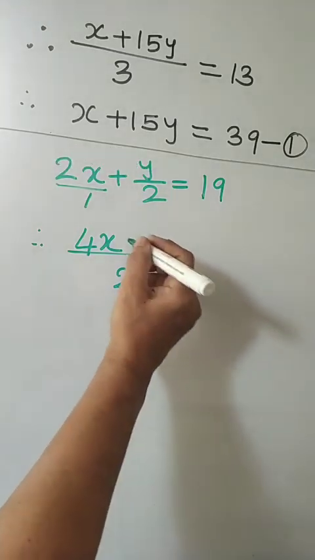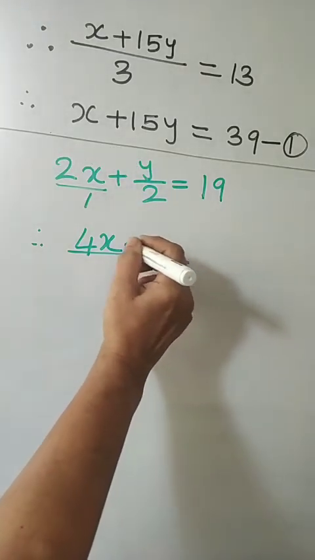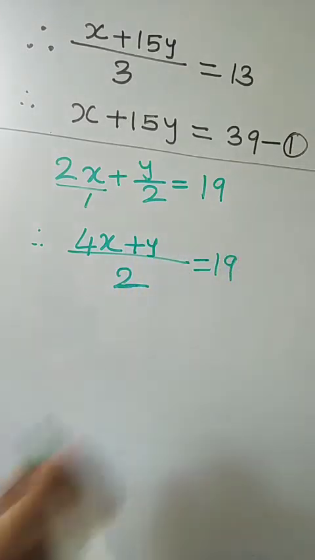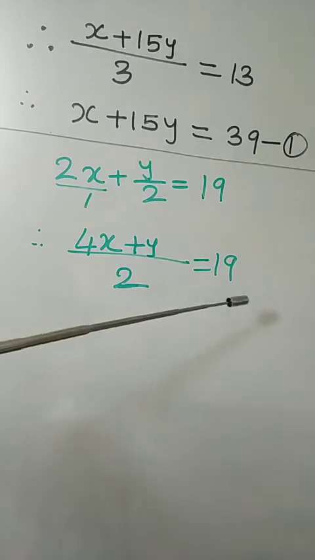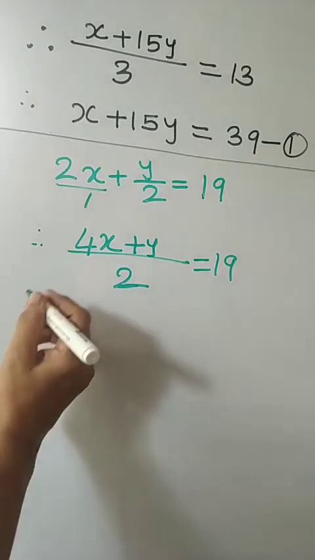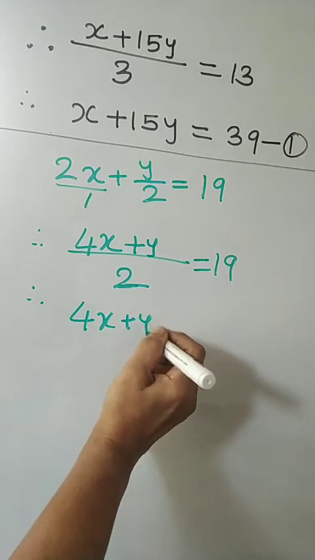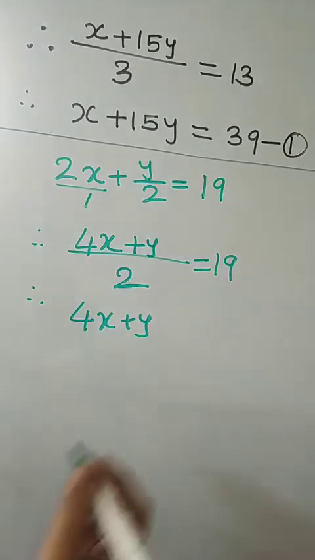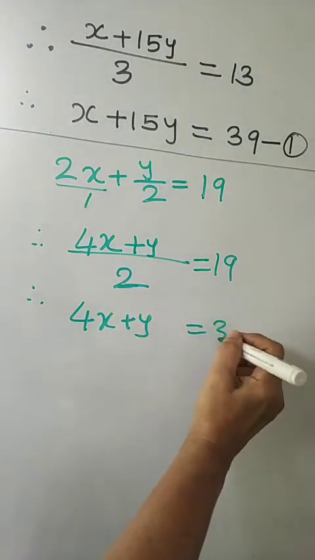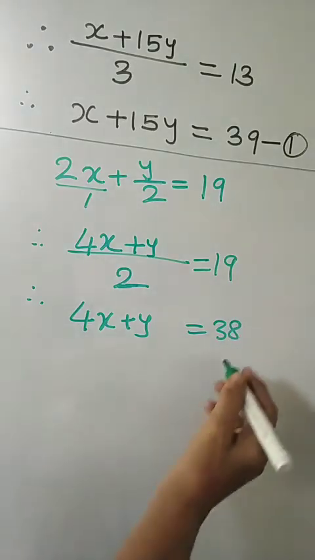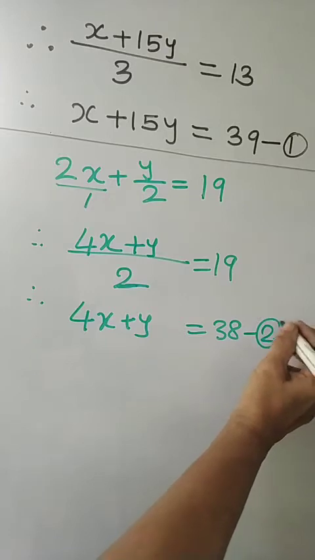So it remains as plus y is equal to 19. Now we take 2 on the other side. What does it become? 4x plus y is equal to 38. So this has become equation number 2.